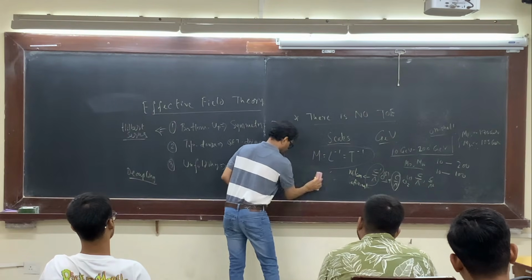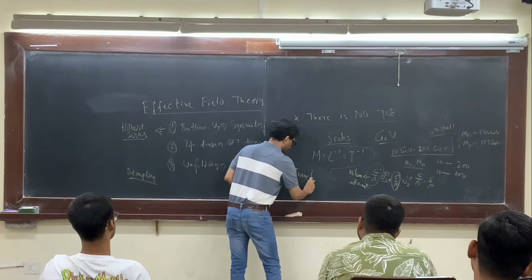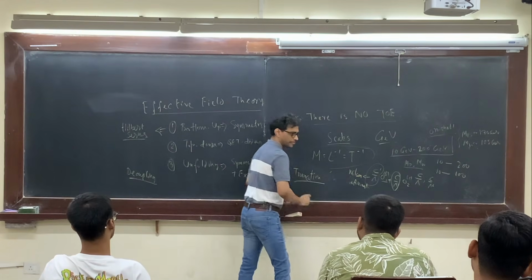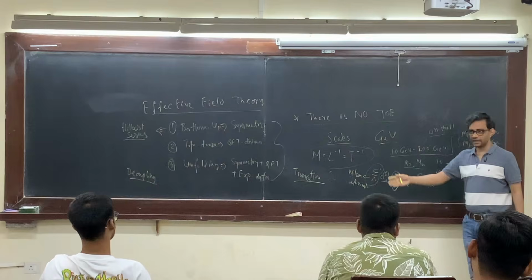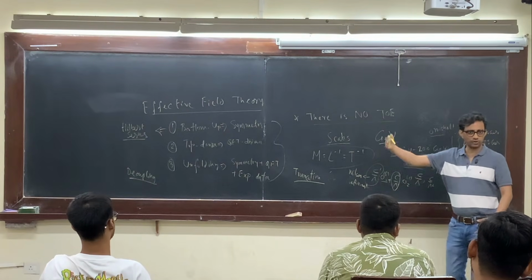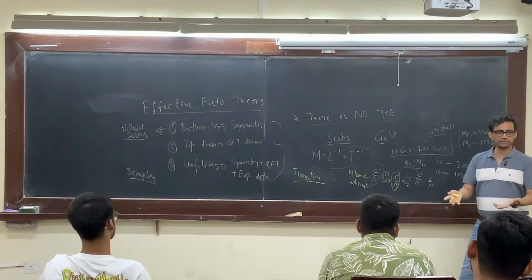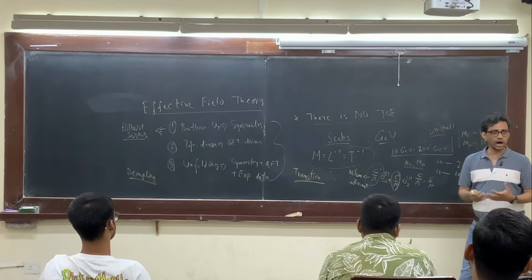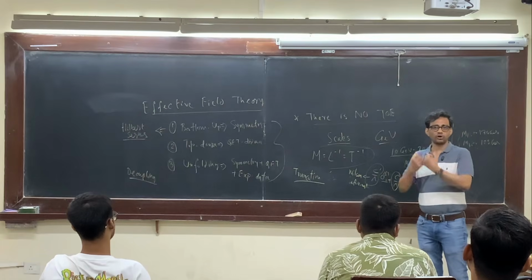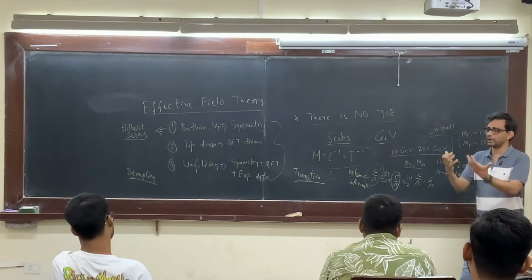what we have in this EFT, another language, is called the truncation. That means I can write down the whole infinite series in 1 by lambda square, 1 by lambda 4, lambda 6, and so on. Now, for what kind of theory, where to truncate that? That tells you how strongly or weakly coupled your new theory is, or how much heavier those particles are.